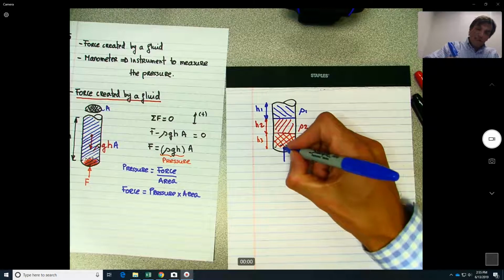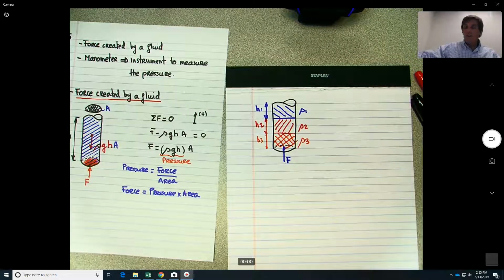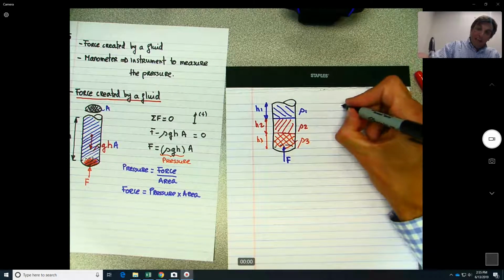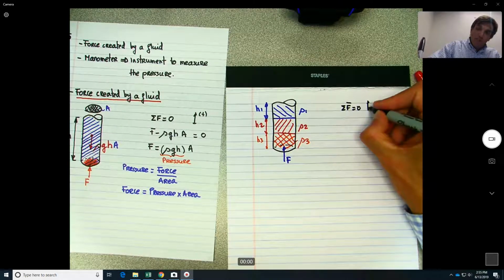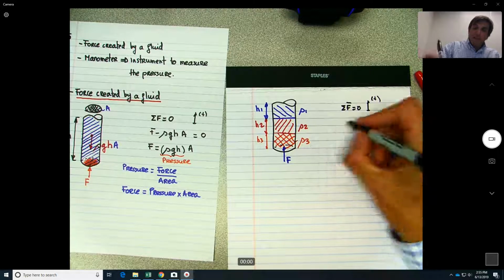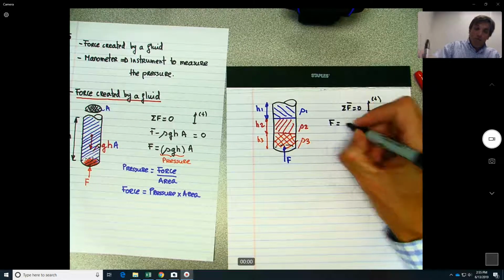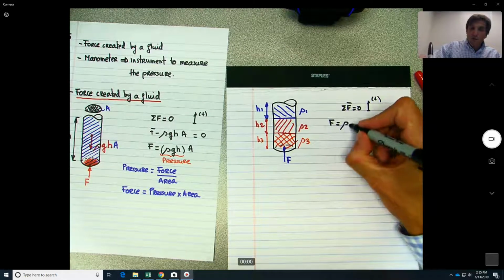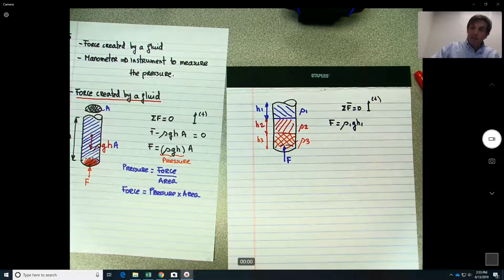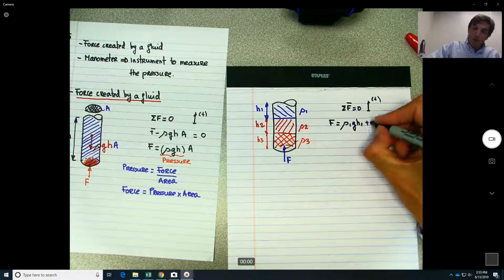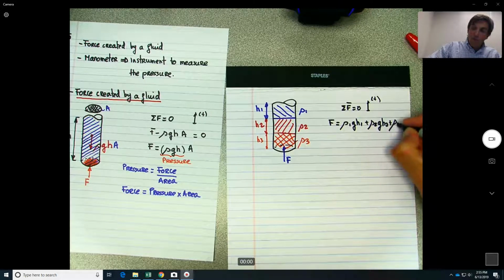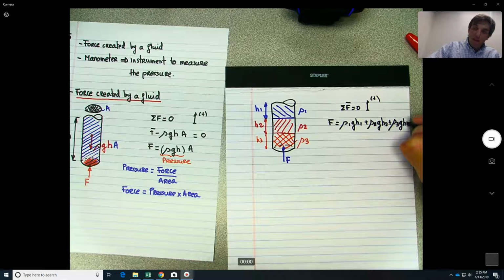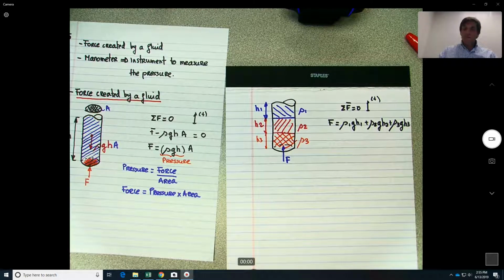You can easily see that then applying again the static equation, positive up, that the total force should be equal to what? Rho 1 g h1 plus rho 2 g h2 plus rho 3 g h3. Okay.